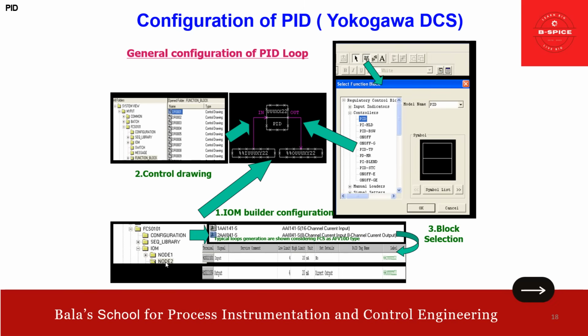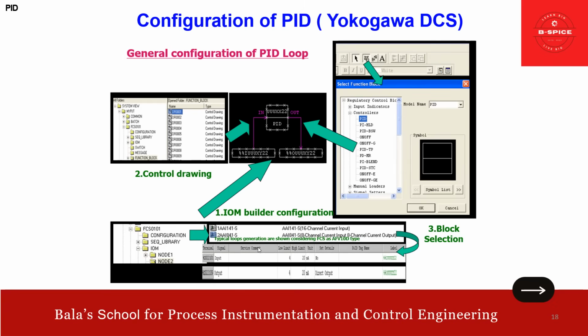In this node, you can see AI141, 16 channel input, and AI841, 8 channel output. This is AI, this is AO. You have to fill in this labeling.